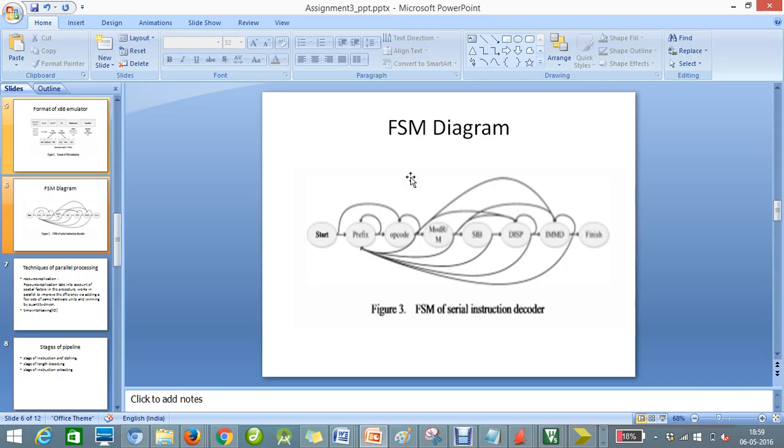The basic design is reading the bytes serially and getting the meaning of instruction by state transition. This diagram is the FSM, the finite state machine of serial instruction decoder. This is the FSM of state transition of x86 serial instruction decoder. State depends on the input of previous byte. We cannot get the length of instruction ahead of time.